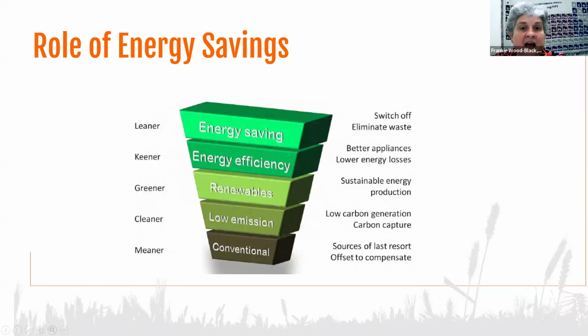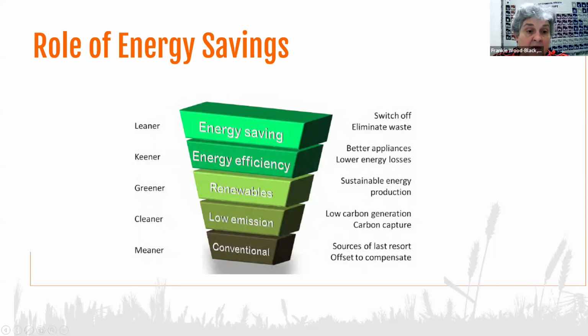So how is that all going to pan out and play? And we know that ultimately we want energy savings. We want energy efficiency. We want to be more sustainable. We want to be cleaner, and we want to have the resources to work with what we're doing.